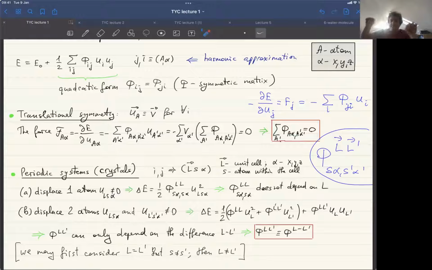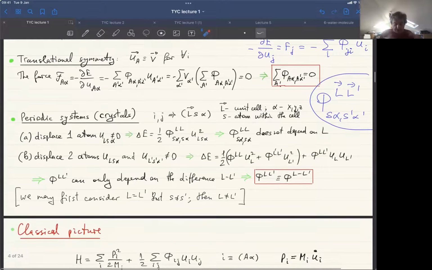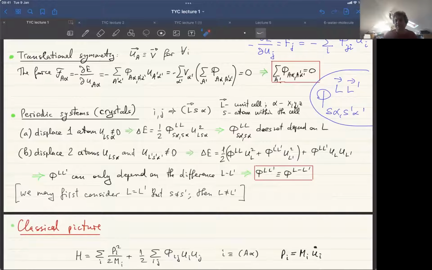It doesn't really matter where we have taken these two atoms, because the system is periodic. So the conclusion out of this rather chaotic discussion is that the matrix must only depend on the difference of these two lattice vectors. It will not depend on them separately. And this is only a consequence of the periodic symmetry in the system.